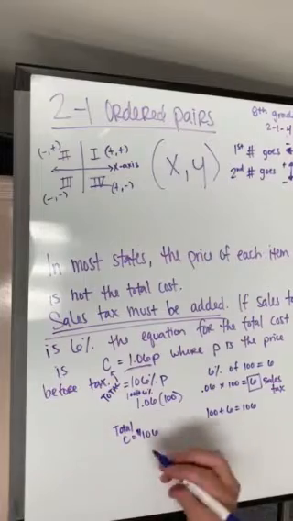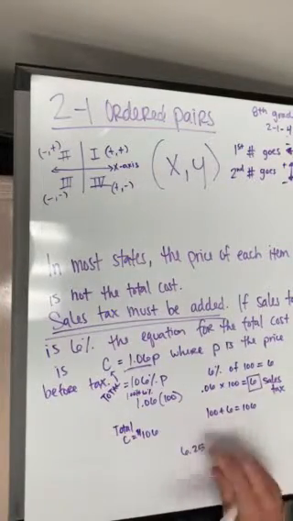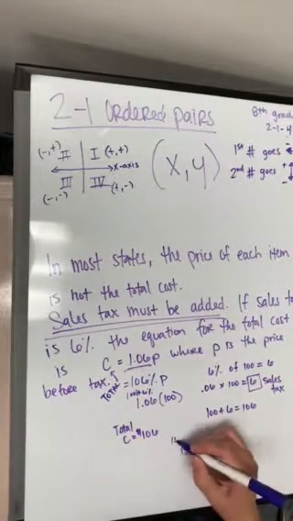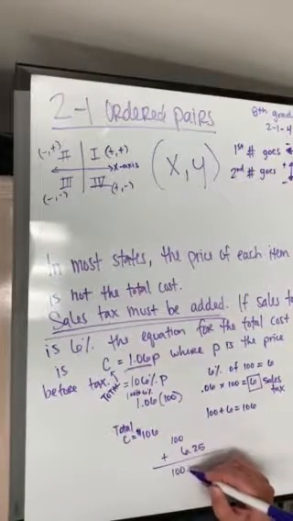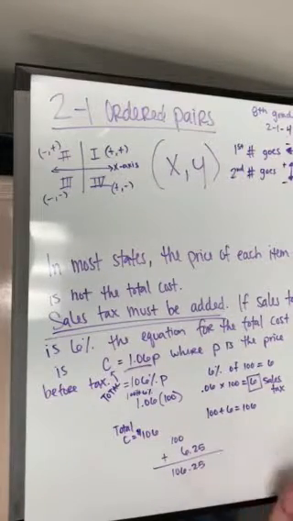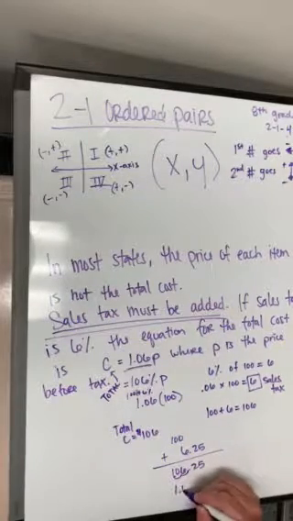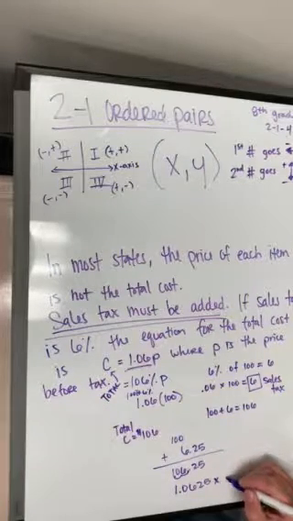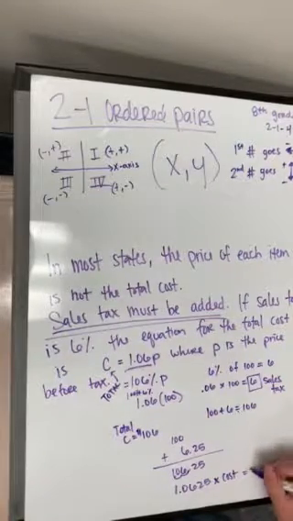So if you had something that was like 6.25, then what you would be timesing it by would really be, so 100 plus 6.25, so you have 106.25, right? And then as a decimal, it would be 1.0625 that you would have to multiply by the cost of it originally, not the total cost, and that would give you your total.